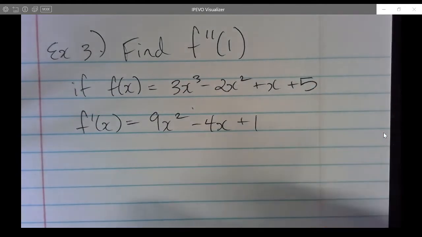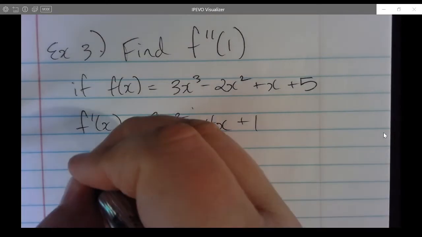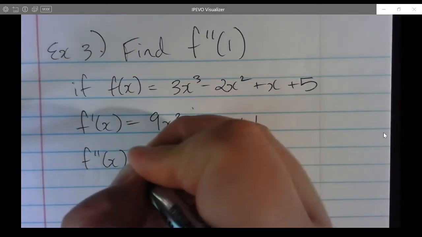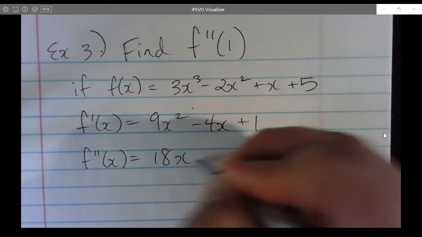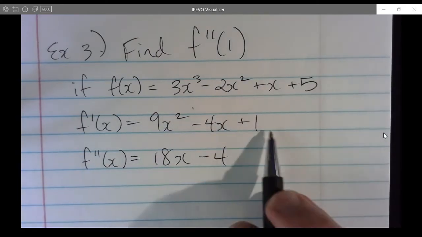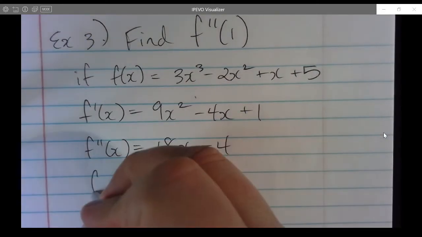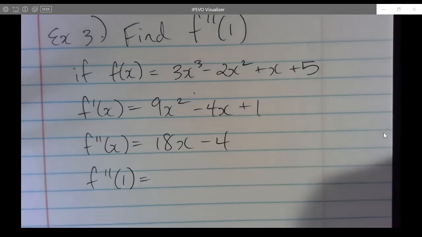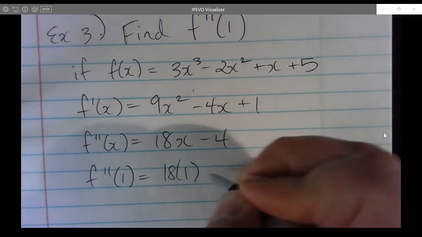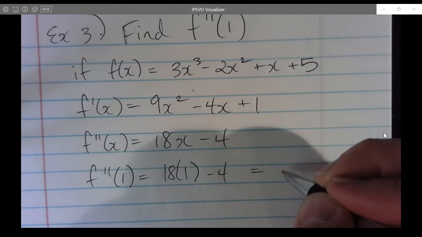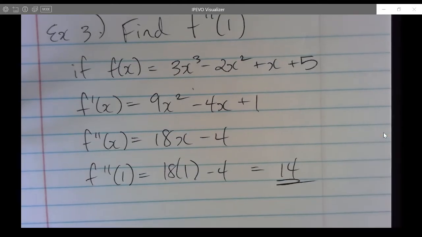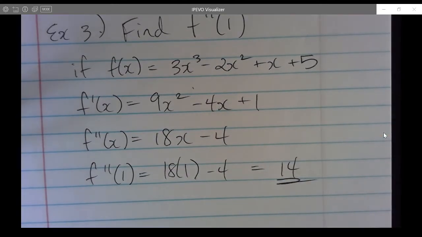Remember, the derivative of a constant is 0. And f double prime of x is going to be 18x minus 4, because again, the derivative of a constant is 0. So f double prime of 1 is 18 times 1 minus 4, which is 14. Cool. So there's example 3.